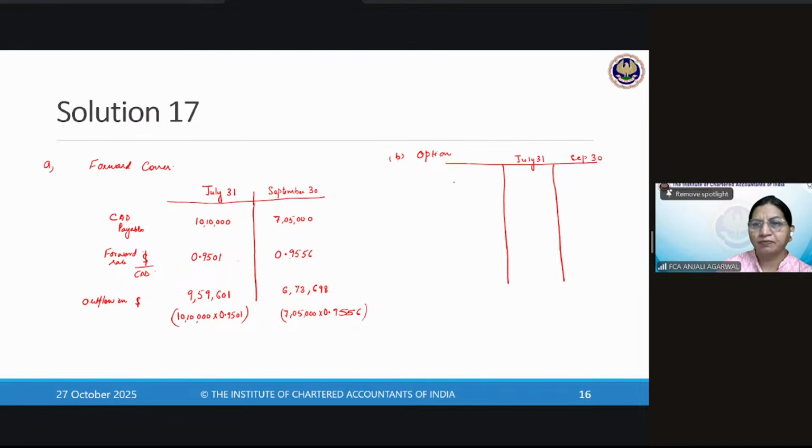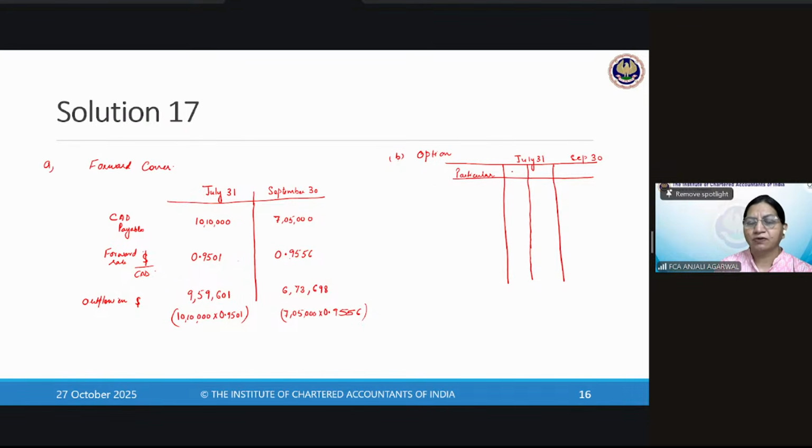Now here, because I would like to use this particular column for information like how much is the unhedged amount, how many contracts I'm going to buy, and so on, I would rather divide this column into two smaller segments.